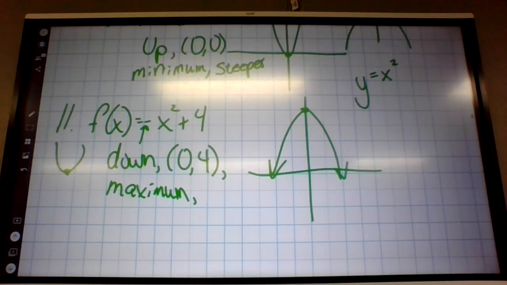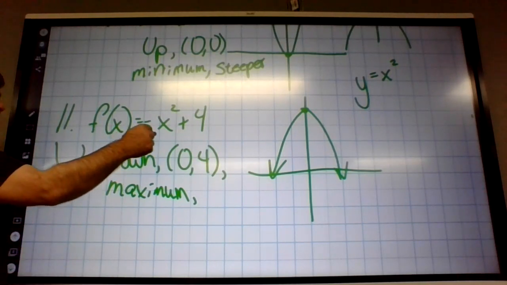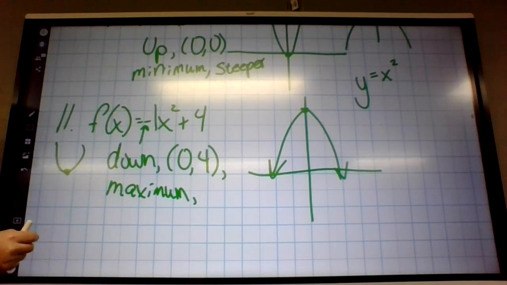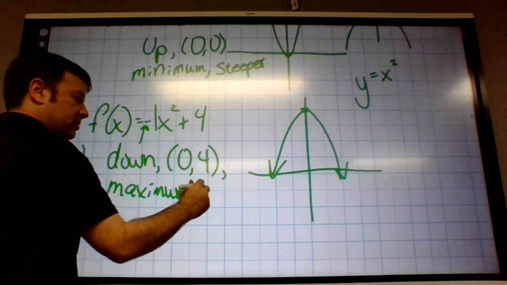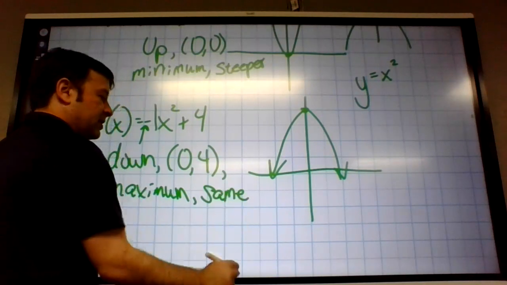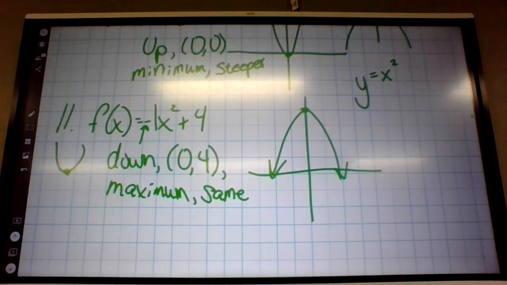Okay, the next question, is it flatter, steeper, or same as normal? What's the number in front of x squared here? -1. Is that steeper or flatter than normal? Neither. A 1 in front of the x squared just means it's kind of a normal steepness.